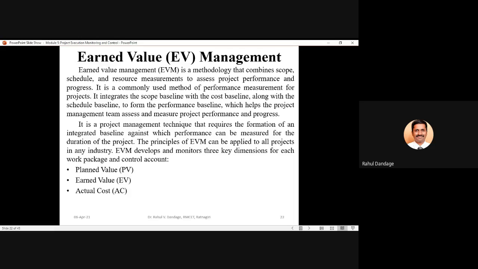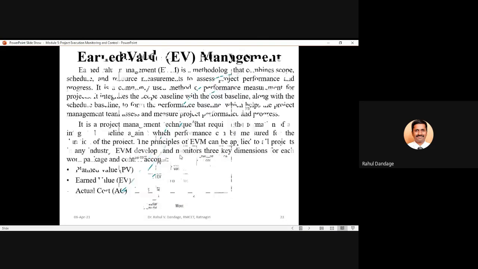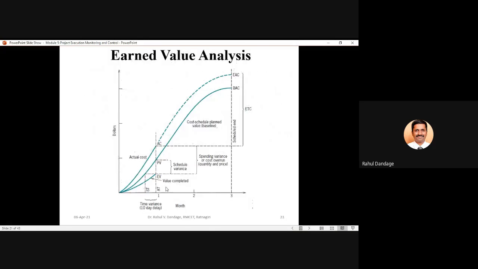So planned value, earned value and actual cost are the key dimensions which are helpful for earned value management. Even on your diagram you can see there is PV, there is EV and there is AC. These three terminologies we have discussed are all available on this diagram, which gives the earned value analysis chart for project management.